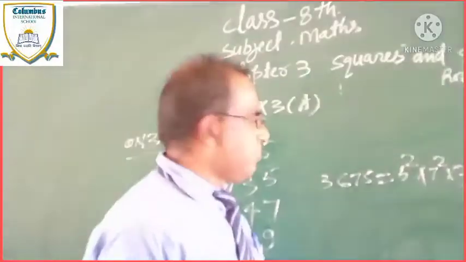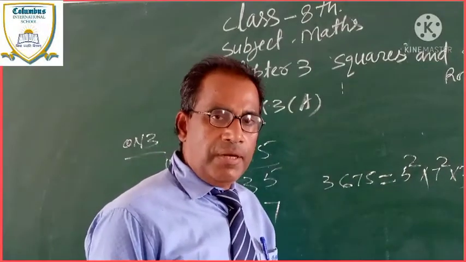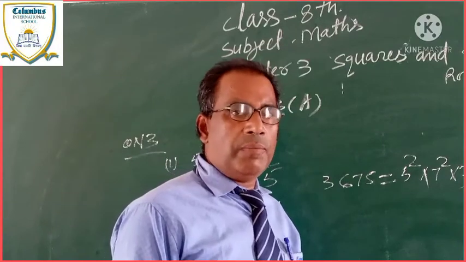So if this number is multiplied by 3, the new number will be a perfect square.